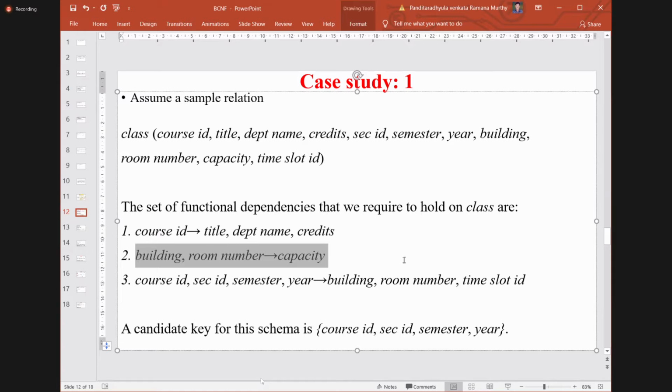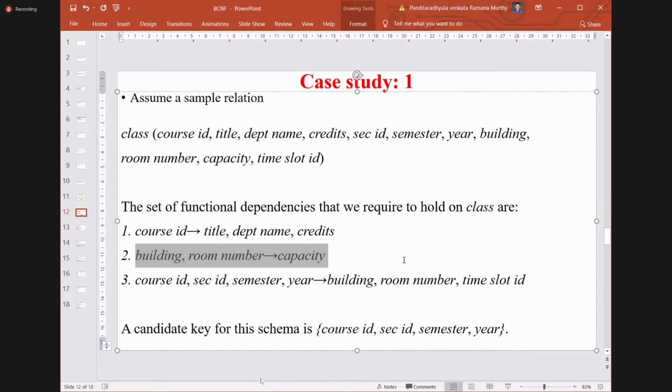Now, for the remaining, for example course ID, section ID, semester, year, you can uniquely identify a particular class. Then we can say where the particular class is allocated. If you give course ID, CSC 05, maybe section ID, it may be A, B, C, D, and semester and year, maybe second year, second semester.